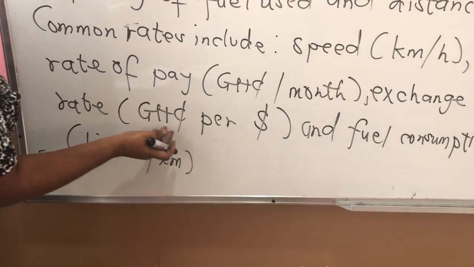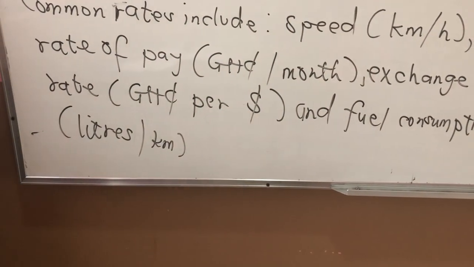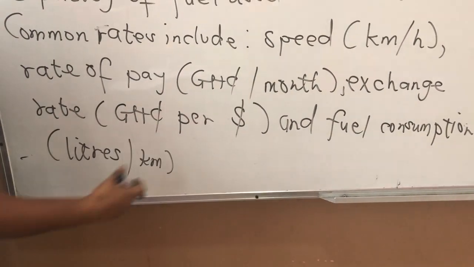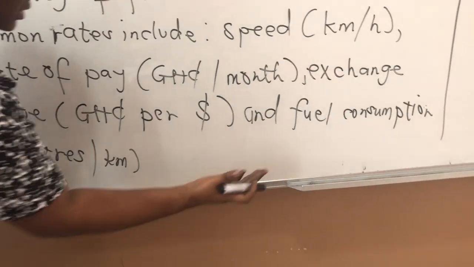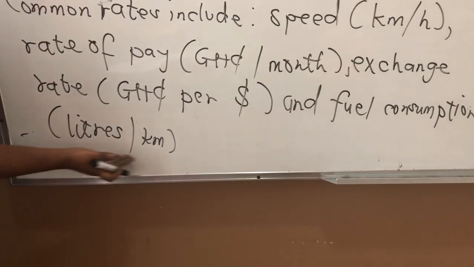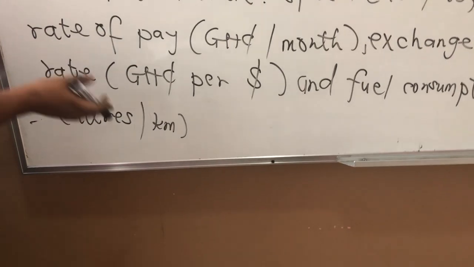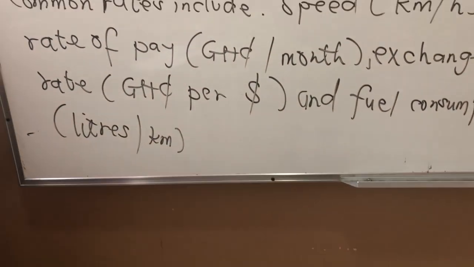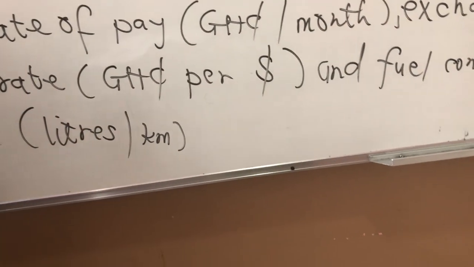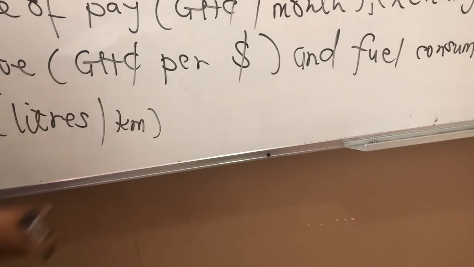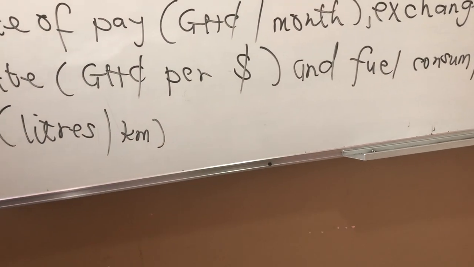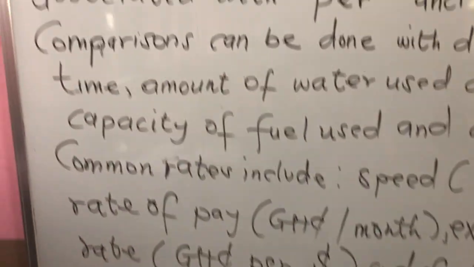You always hear, what is 1 Ghana cedi per dollar? So this is an example of a rate. And you can also have fuel consumption, which is measured in liters, compared to distance covered, which is measured in kilometers. So this is basically what rate is talking about.